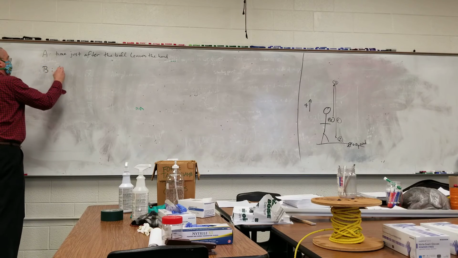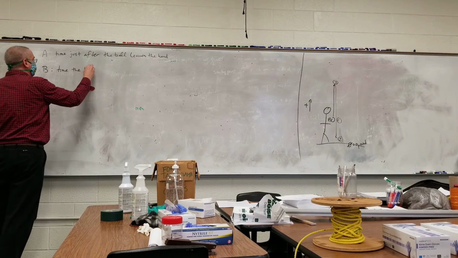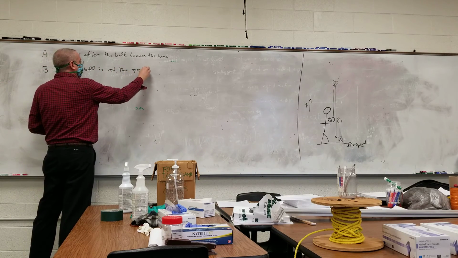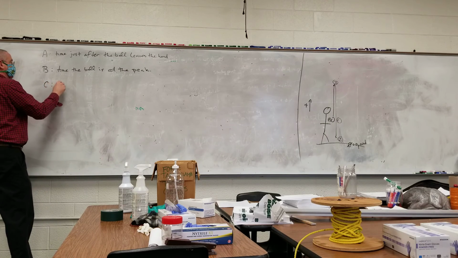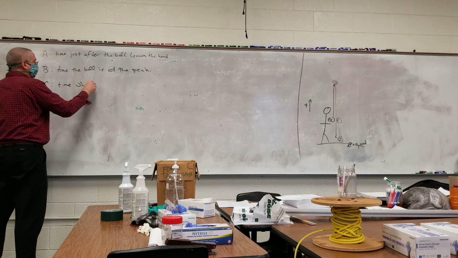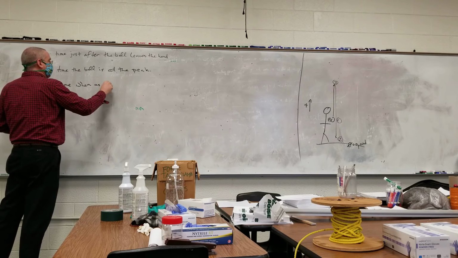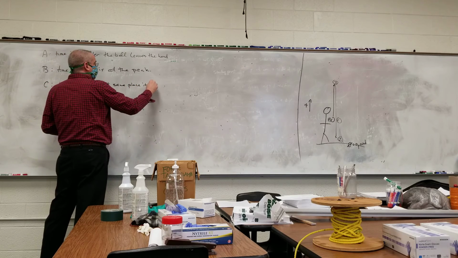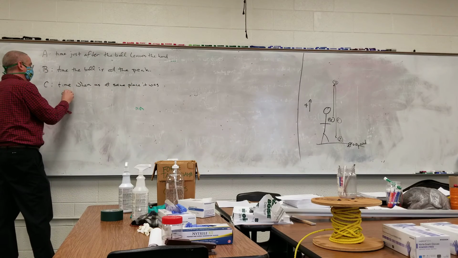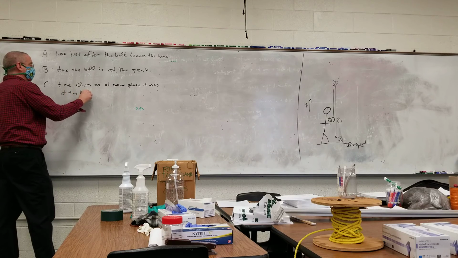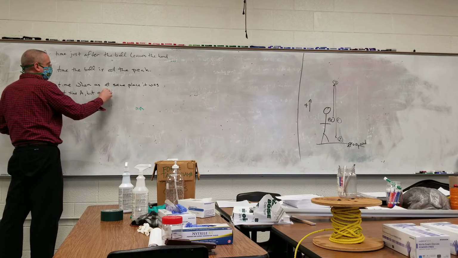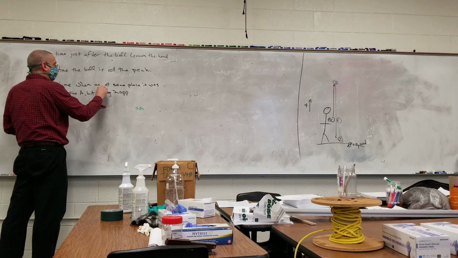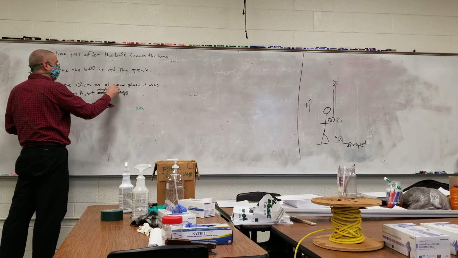B, the time the ball is at the peak. C is the time when the ball is at the same place it was at time A, but moving down.